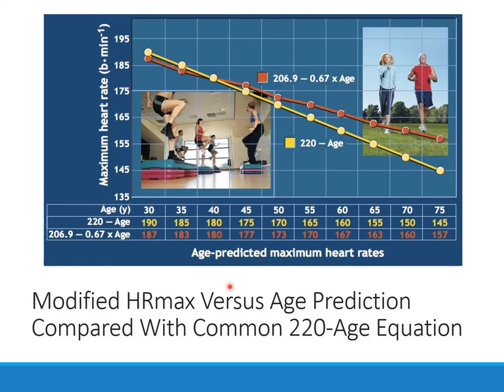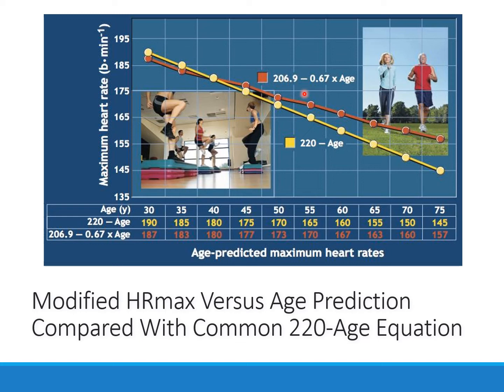And then this graph is just a comparison between that modified heart rate max formula versus the common 220 minus your age equation. And you can see that with age, that maximum heart rate can change slightly. And this modified equation is becoming a little bit more commonly used.